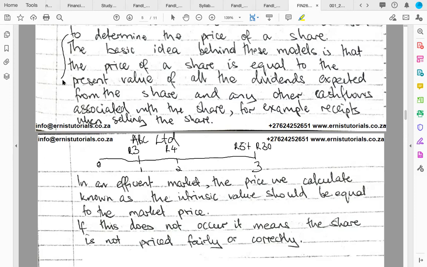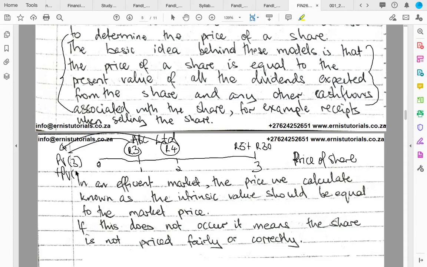What this statement is saying is that the price of this share is just equal to the present value of this 3 Rand plus the present value of this 4 Rand plus the present value of this 35 Rand.